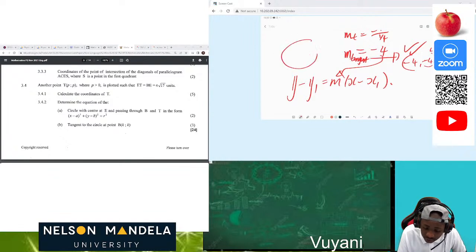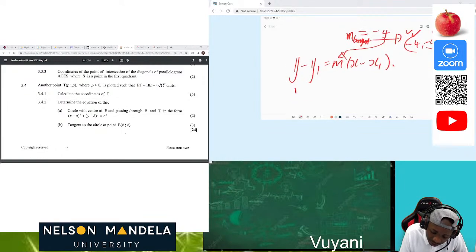So when we draw, it's going to be somewhere like this. This is our B here, then this is our E somewhere here. Okay, I'm just doing a typical example. So this is B, which is attached to the tangent. So we can substitute this, so it's going to be y minus 4 equal to -4(x minus 4).